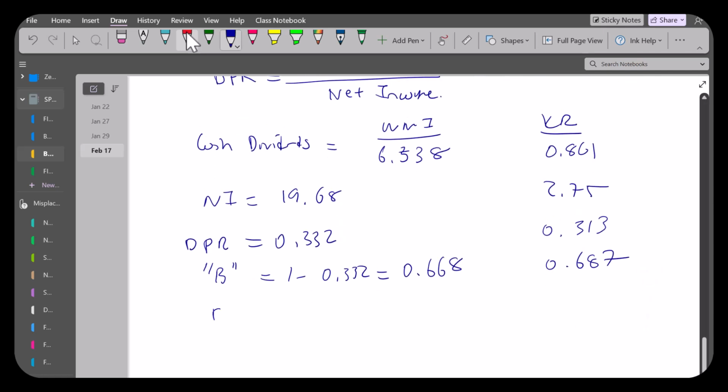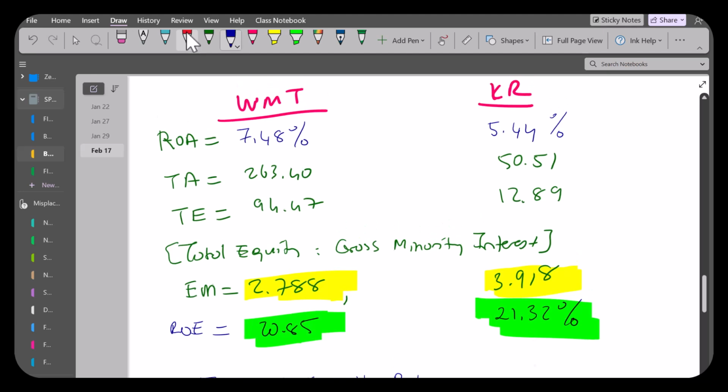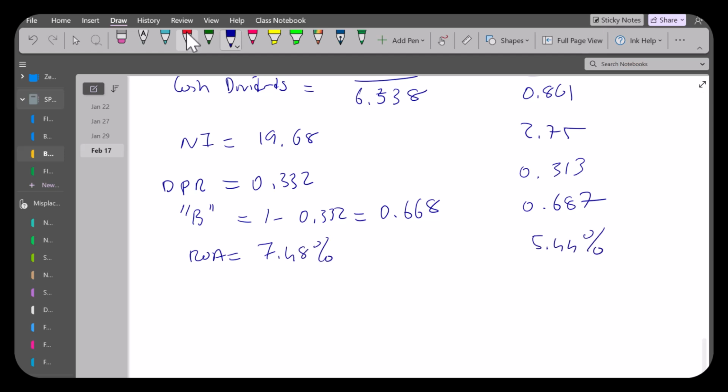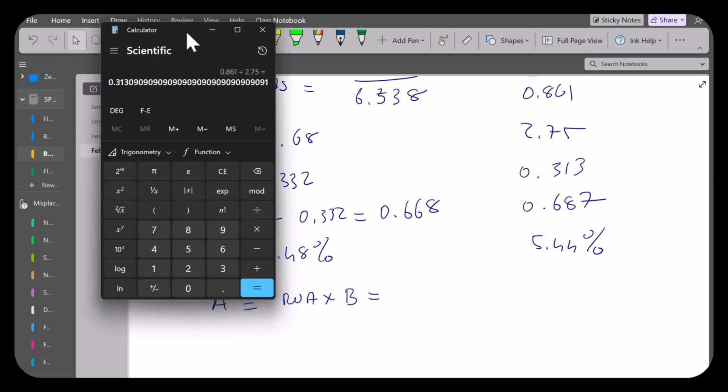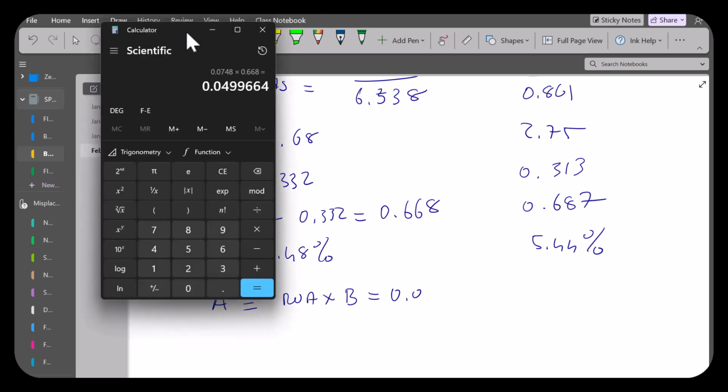And let's remember the ROAs, 748, 544. And that's 499.